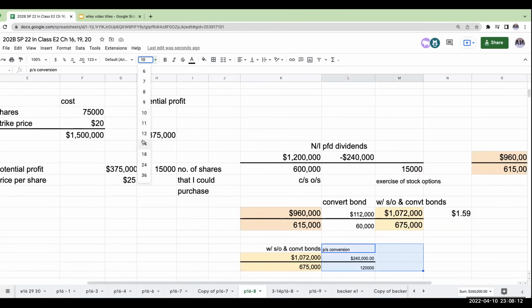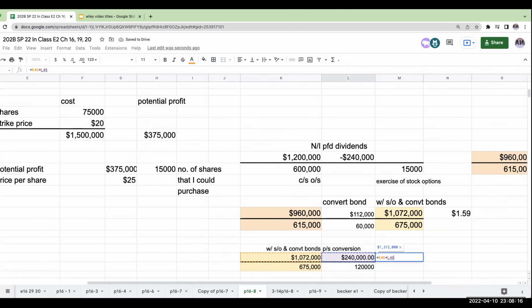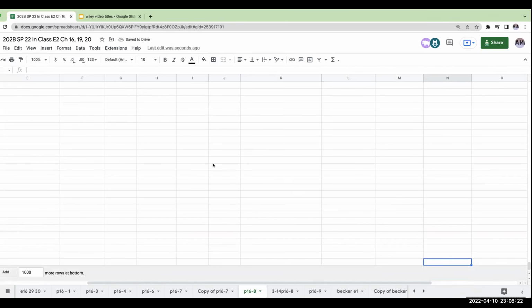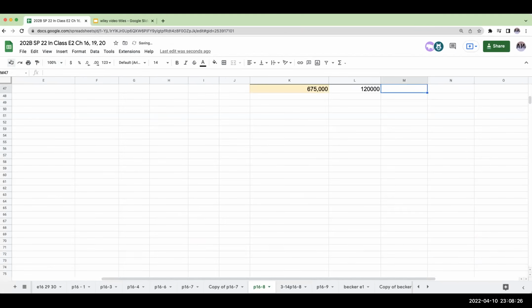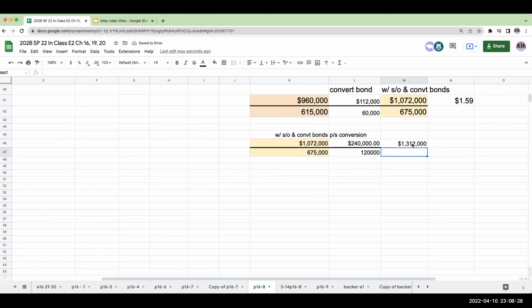So as a result for this particular one, when I divide this over here, this is literally going to give me $1.65.